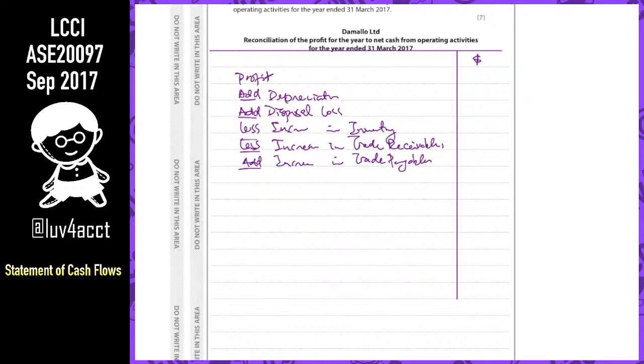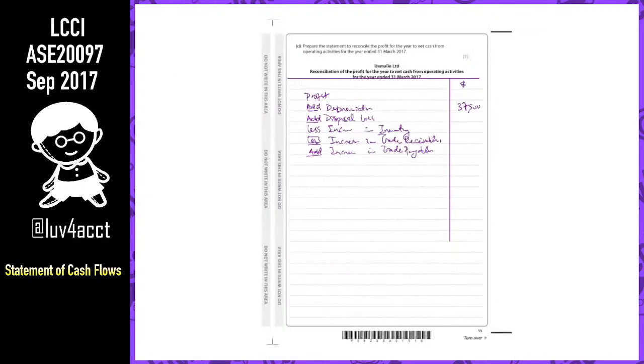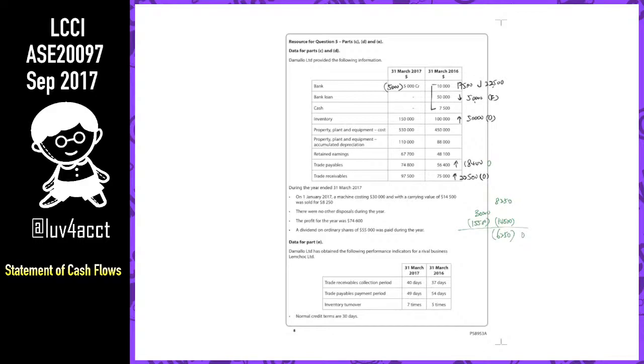Okay, so depreciation 37500. Profit 74600. Disposal loss 6250.